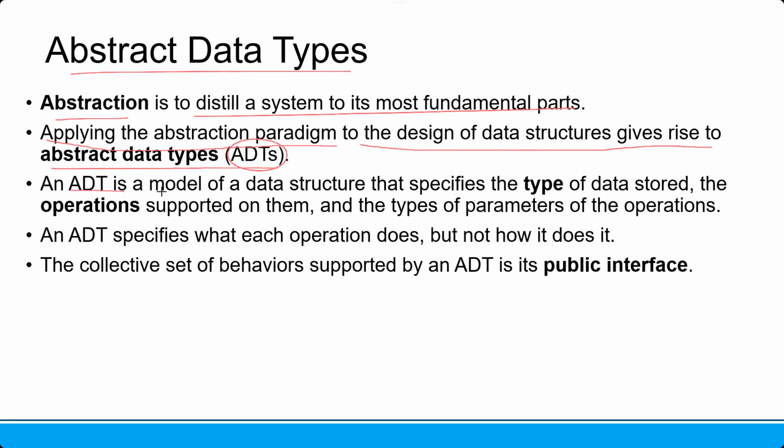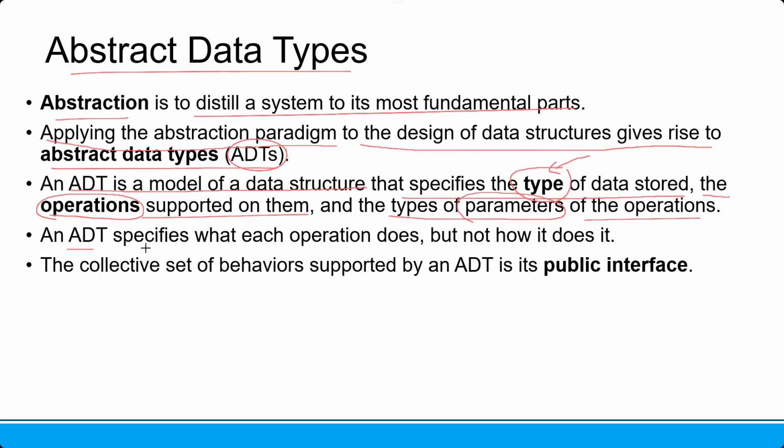An ADT is a model of a data structure that specifies the type of data stored. So you will check what the data types are with the ADT and also the operations, how the operations are supported on them, and the types of parameters of the operations.